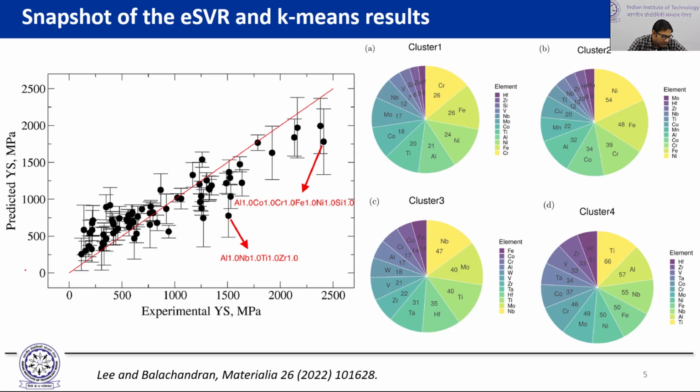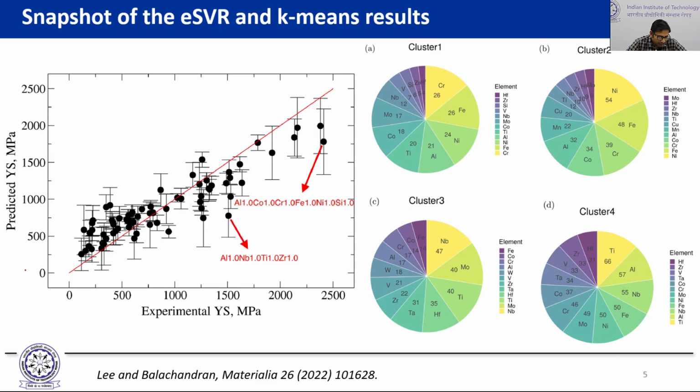So just to give you a snapshot of the support vector and the k-means results, the figure on the left is a parity plot that shows the comparison of the predicted and the experimental yield strength. As you can see, most of the compositions are fairly close to the parity line, even though you do have a decent amount of mean absolute error.